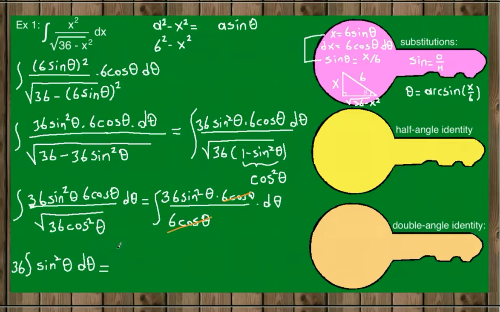After this point, you're going to attack the integral. Use all your knowledge, all your integration skills and techniques. So here for sine squared theta, we can apply the half angle identity. So what was the half angle identity for sine squared theta? Sine squared of theta, or sine squared of x, equals 1/2 times 1 minus cosine of 2 theta.